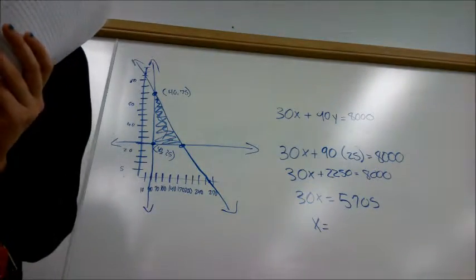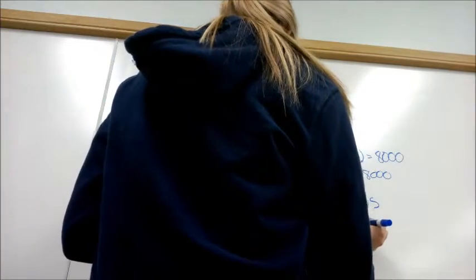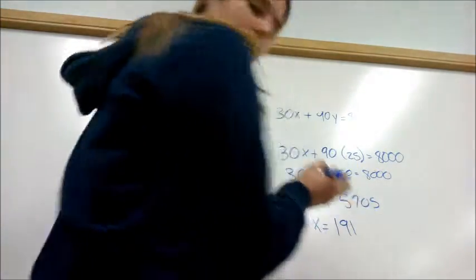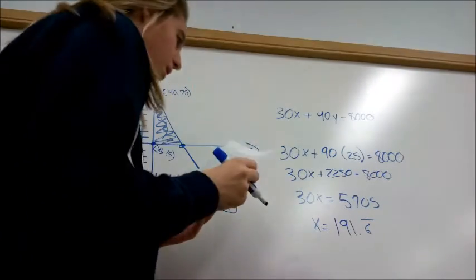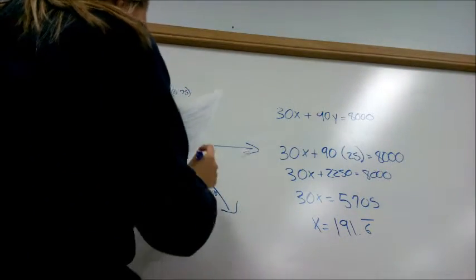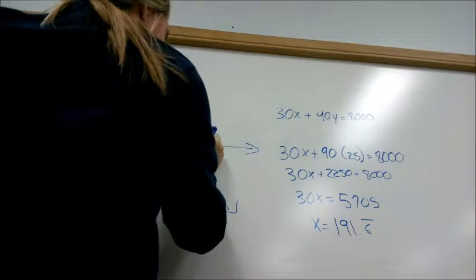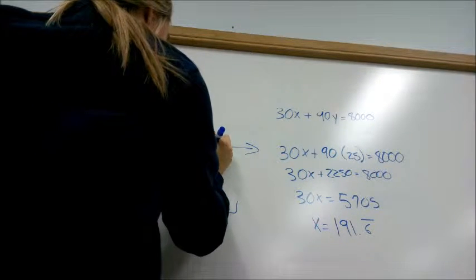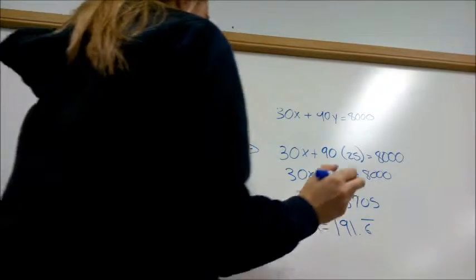And then you divide your 30 equals 191.6 repeating. So you found your x value, which is right here. So it would be 191.6 repeating. And then you have to fill your y value back in.